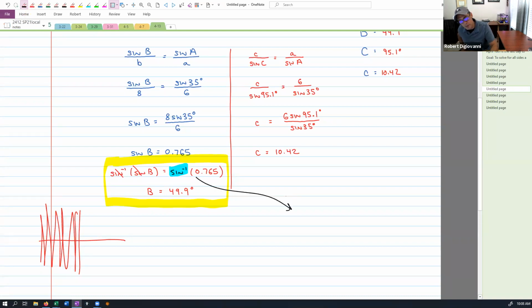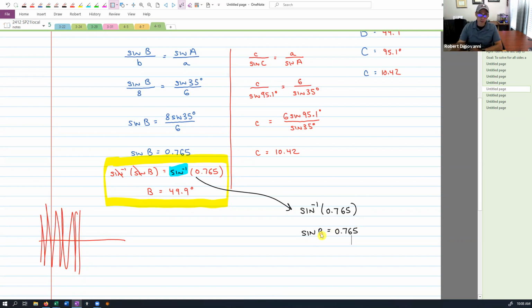When you're saying inverse sine of 0.765, what you're saying is sine of some angle, in this case B, is 0.765.